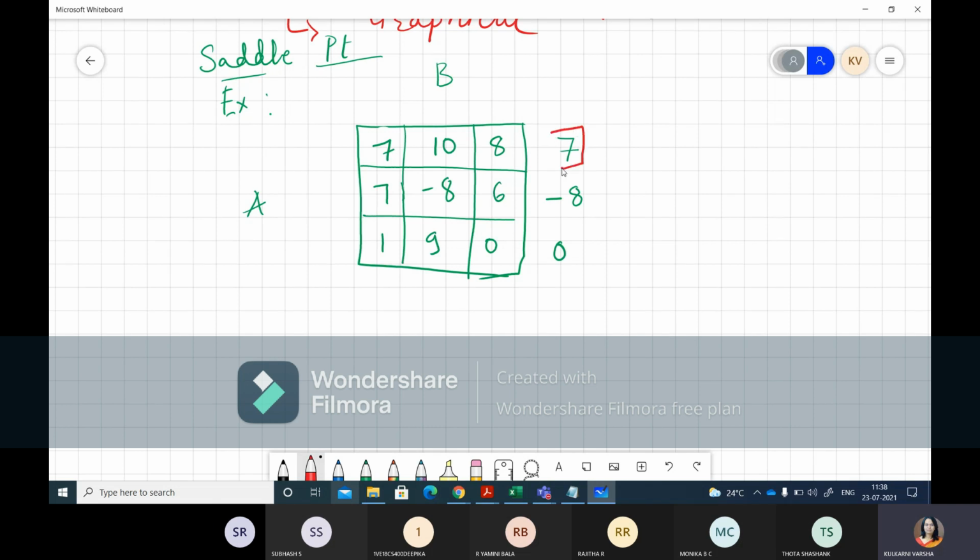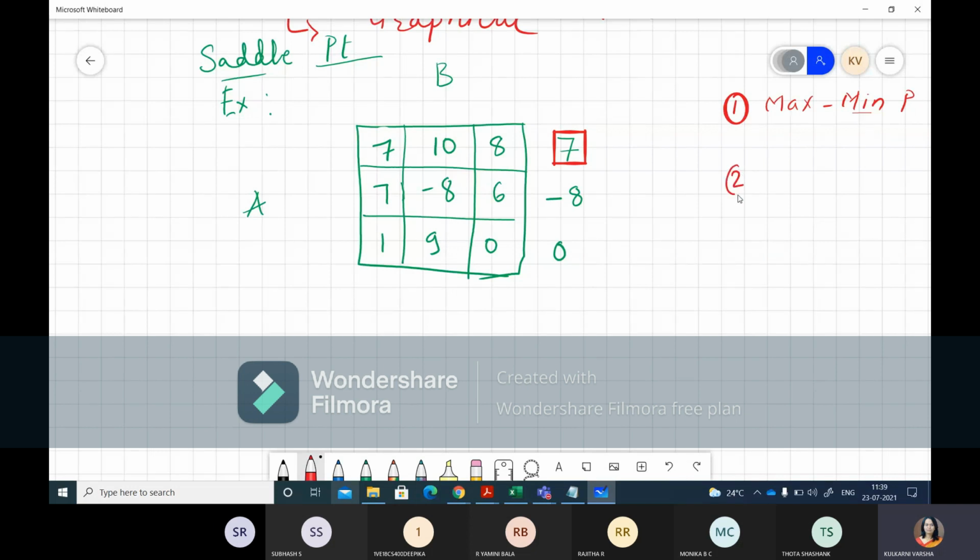Maximum is 7. So this is our maximin. The maximin principle means from each row, find the minimum value, and among those minimum values find the maximum one.